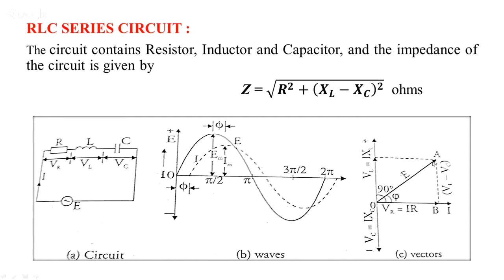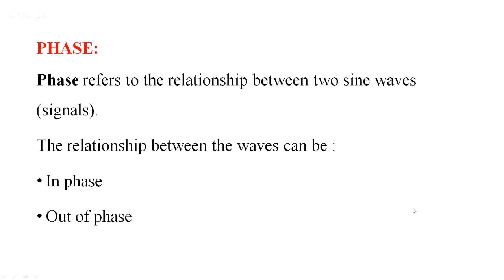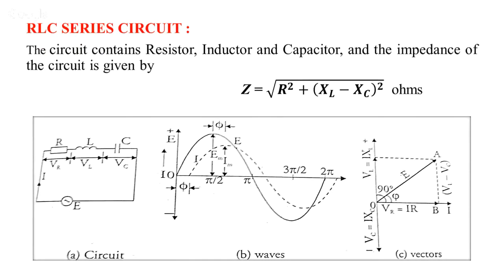OA is the resultant and it is represented as E. And here this is VL minus VC, because VL is along the positive direction, VC is along the negative direction.